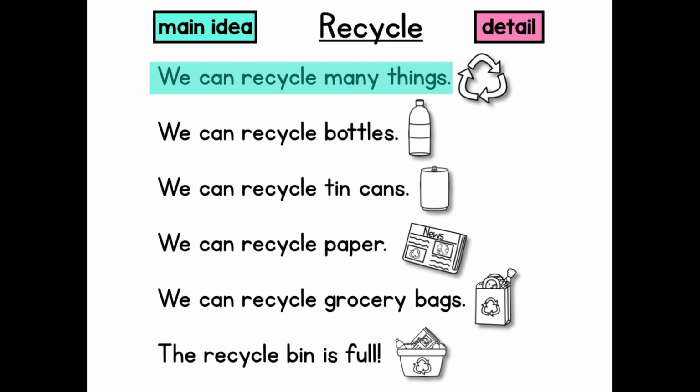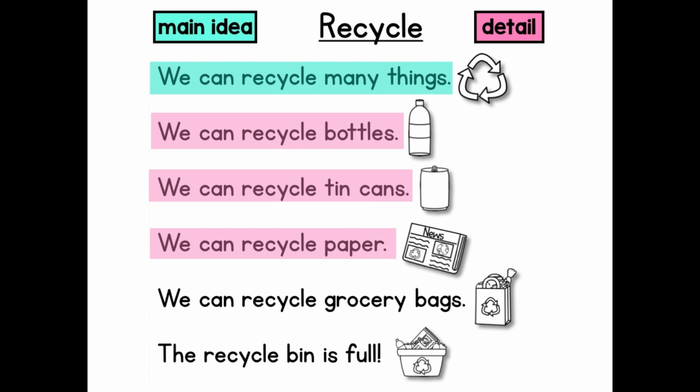We can recycle bottles. Does that help tell me about many things I can recycle? Yes. So this is a detail. We can recycle tin cans. Yes, it's another thing we can recycle. We can recycle paper. Great, it's another detail. We can recycle grocery bags. Perfect.